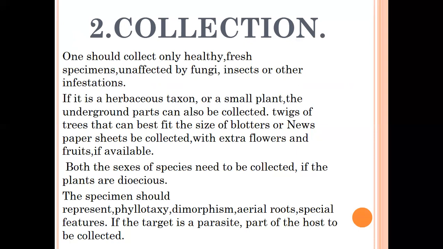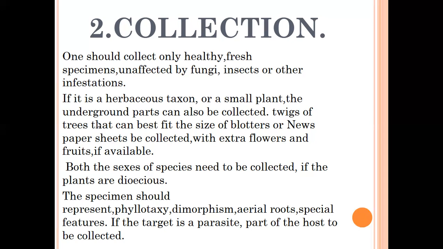So healthy plant parts are to be collected from the environment or from the location. If it is a herbaceous taxon or a small plant, the underground parts can be also collected.